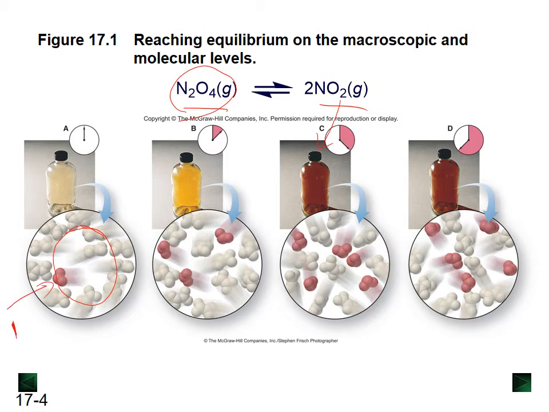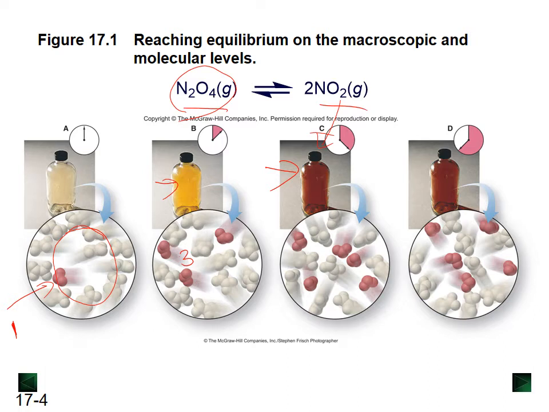Now with time, more product is formed. Here you have 3, and you can see the color becomes more brownish. With more time, when we go to C, you can see the container becomes dark brown, because more product is formed.